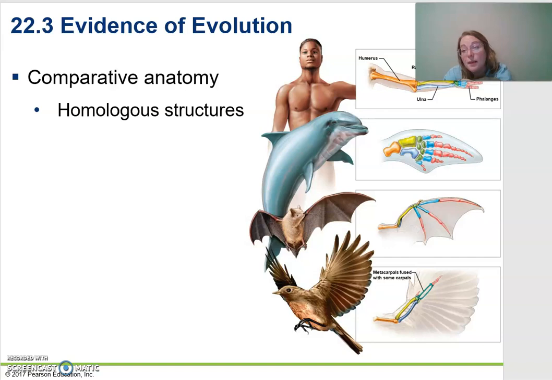Next, we've got comparative anatomy. So this is where we have homologous structures. So basically, you share structure because of common ancestry.